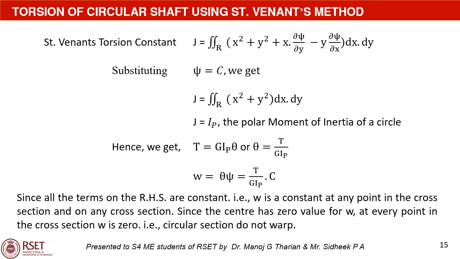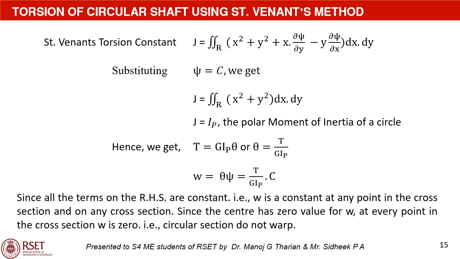The displacement along the z direction, that is along the axis, W is equal to theta into psi. Substituting for theta and psi, we get W is equal to T divided by G into IP into c. Since all the terms on the right hand side of the above expression are constant for a given torque, at any point in the cross section or on any cross section, W is a constant.